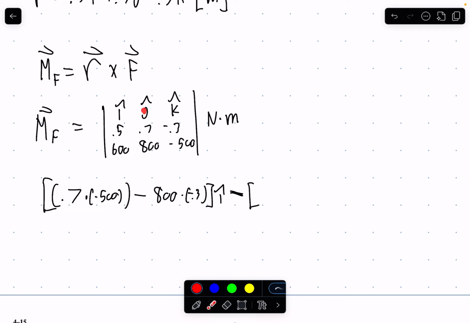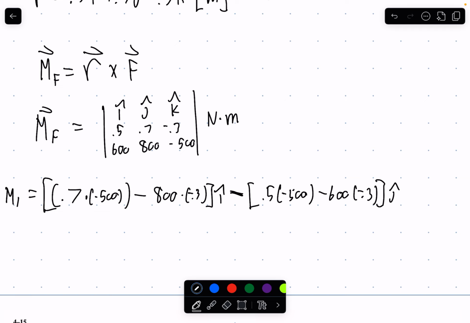Again, ignoring the row and column the j hat vector is in, we get 0.5 times negative 500 minus 600 times negative 0.3, all in the j hat direction.